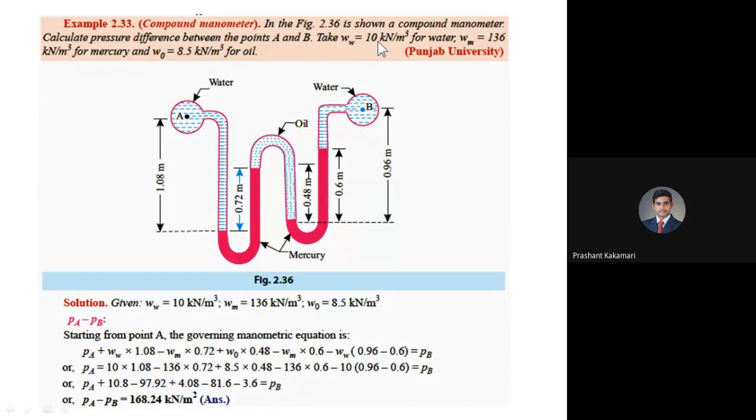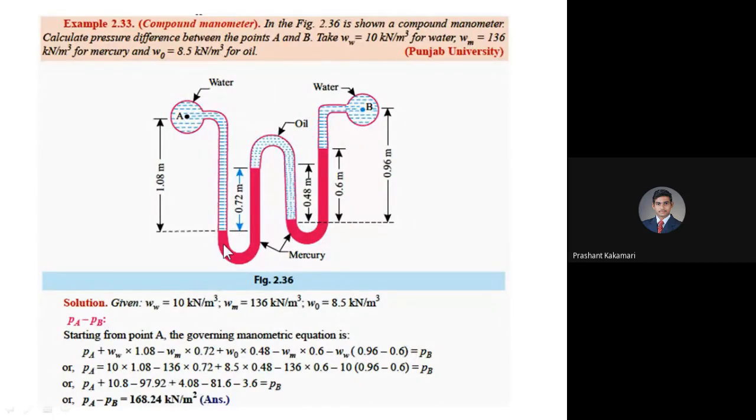Water, 10 kilonewton per meter cube. Mercury, they have given 136 kilonewton per meter cube. And for oil, specific weight 8.5 kilonewton per meter cube. So these rho g values are given, and the heights are shown in the sketch.